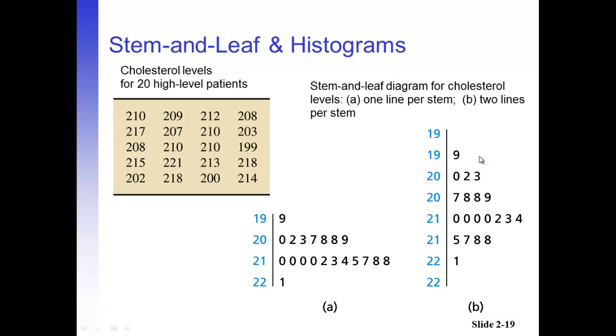Digits 5 through 9 could go into this row, representing possible values of 195 through 199. If we do that, we get quite a bit more information about the overall shape of our distribution.